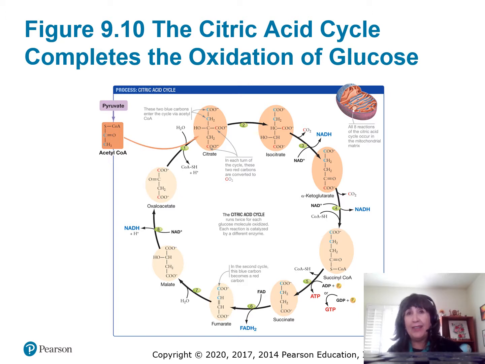Notice there are some more electrons that are released, and FAD becomes reduced. And here you see NAD is reduced again. So a lot of energy is released from breaking all of these bonds in acetyl-CoA.